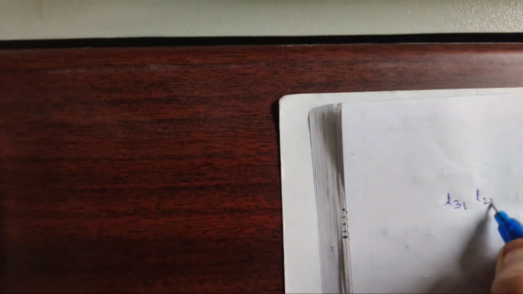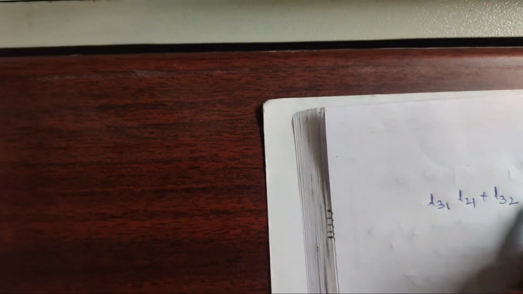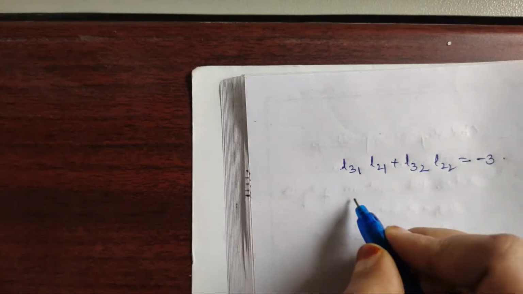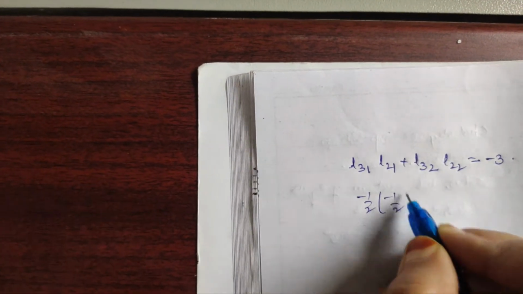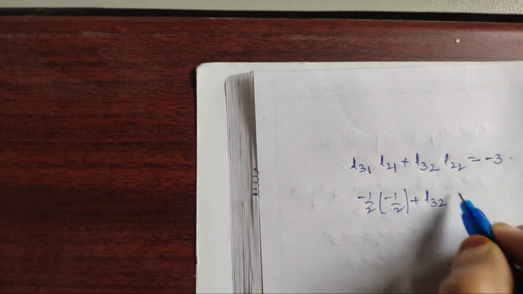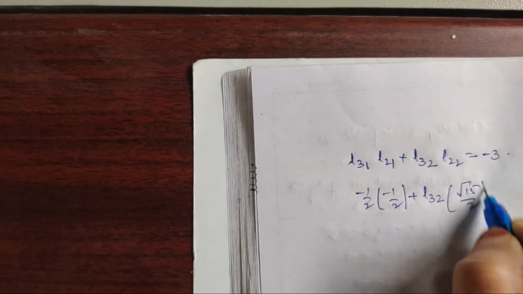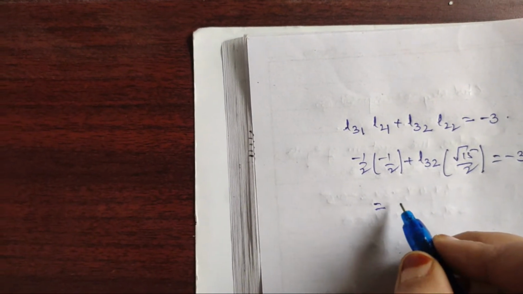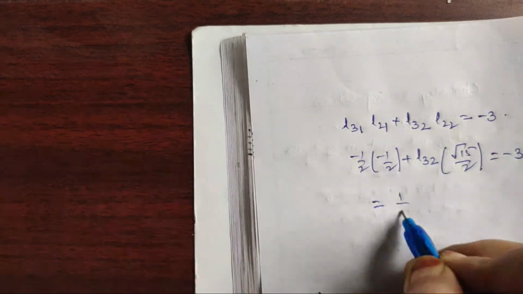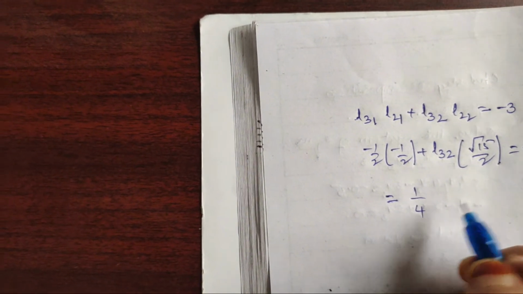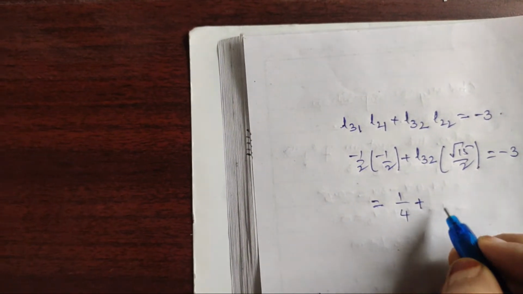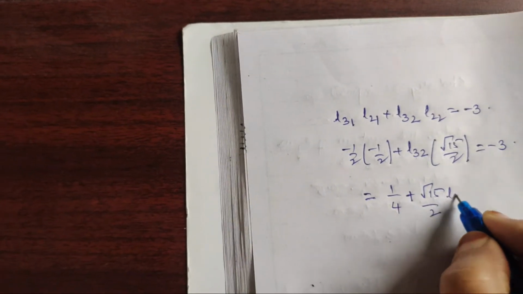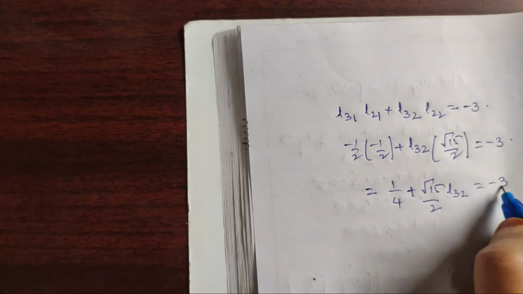L31 L21 plus L32 L22 equals -3. So -1/2 of -1/2 plus L32 of root 15/2 equals -3. It equals 1/4, then plus root 15/2 into L32, which equals -3.